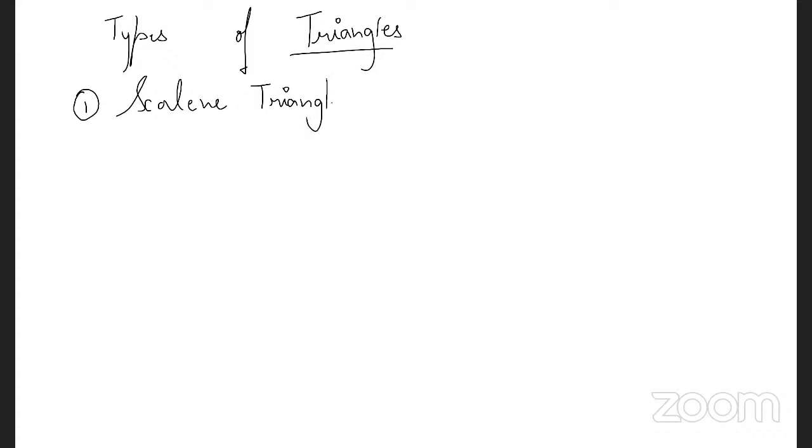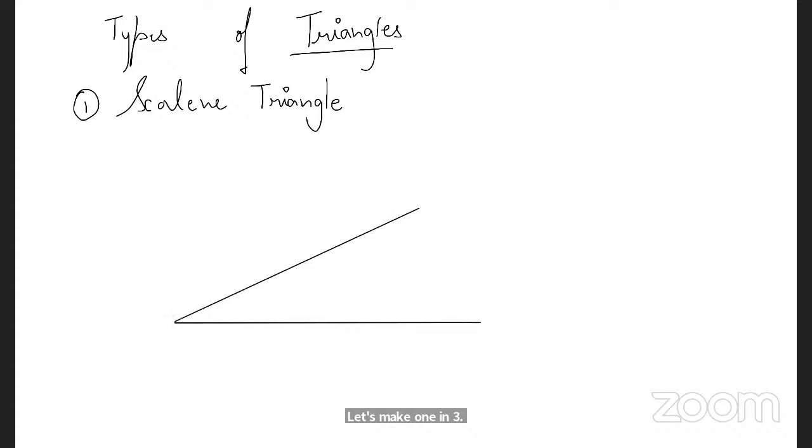Now, what happens in a scalene triangle? Let's make one. Suppose this is a scalene triangle and this length is 7 centimeter.